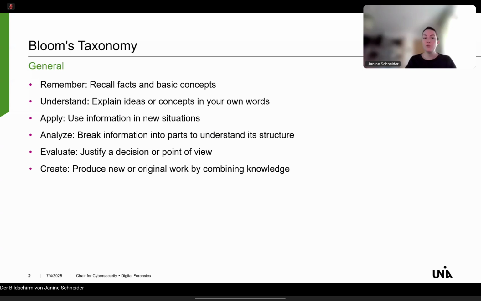You should be able to analyze certain things we discussed today, to justify certain points, and assess if they make sense for digital forensics. But as I said, I will add the taxonomy for today's lecture after the lecture.